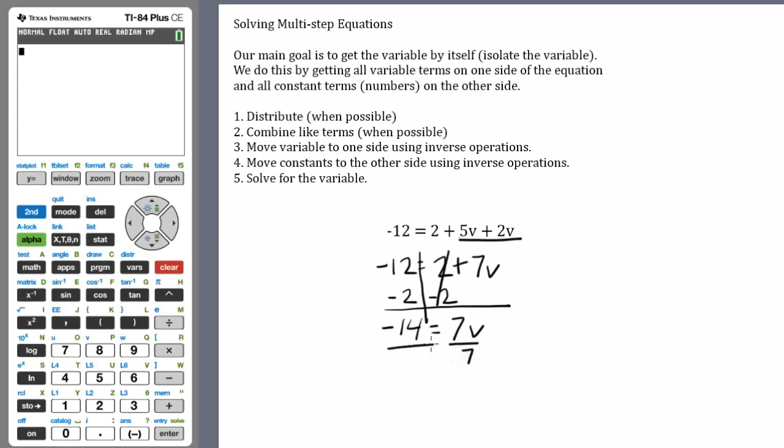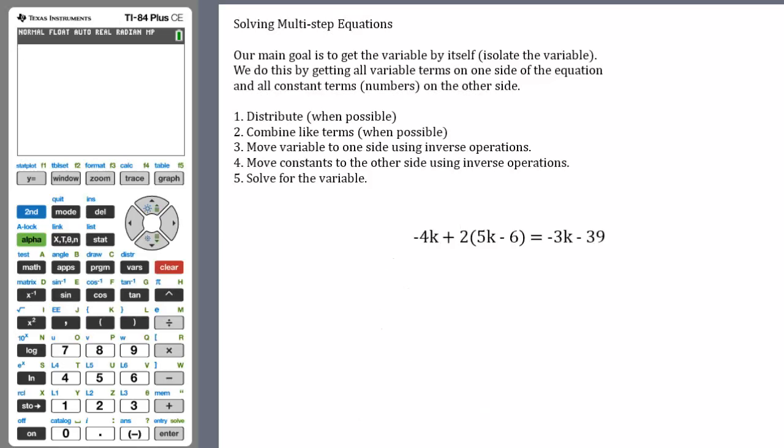But of course, if you divide that side by 7, you got to divide that side by 7. So you get v equals, you can do this in your calculator, but a negative divided by a positive is a negative, and 14 divided by 7 is 2. And that's your answer. V equals negative 2. Now, I'm going to leave it up to you guys to check this, but the answer for this one equation is v equals negative 2.